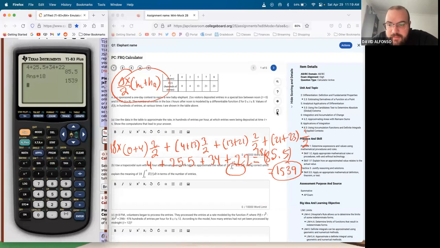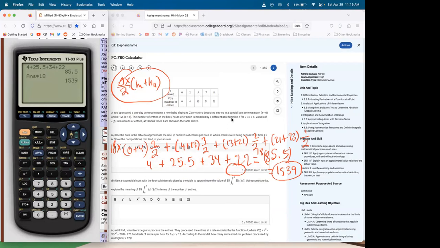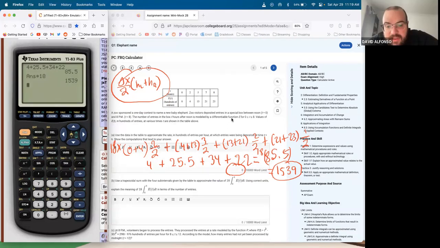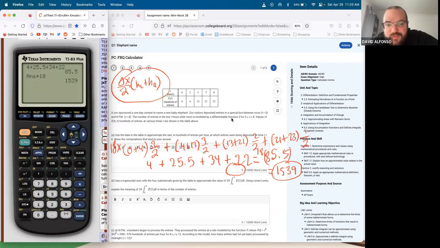It's like an accumulation. Yeah, it would be an accumulation. Is it the amount of elephants that enter the zoo after 18 days? It's maybe entries of names.